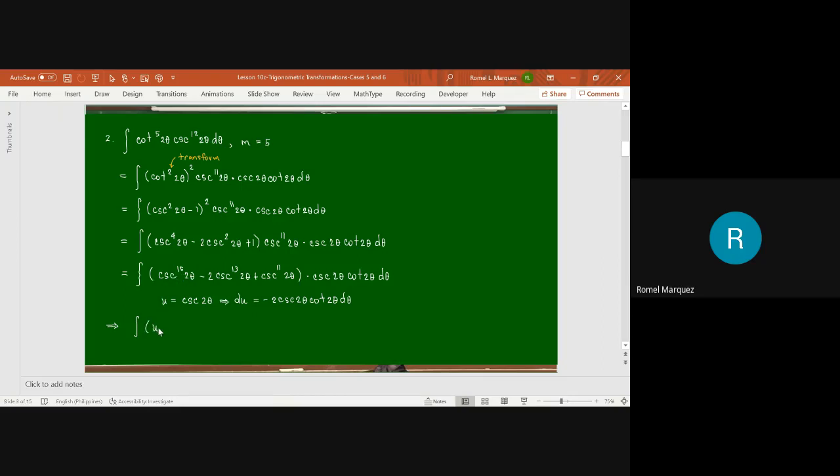I can make that as u to the 15th minus 2 times u to the 13th and then plus u to the 11th. For this case, better to replace it by u so that you won't write many characters, no? So, and then times what? What is cosecant 2 theta cotangent 2 theta d theta? That is du over negative 2.